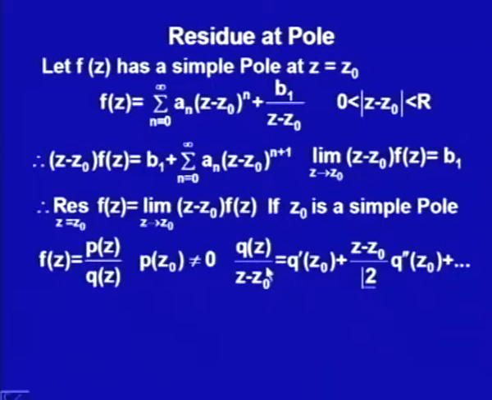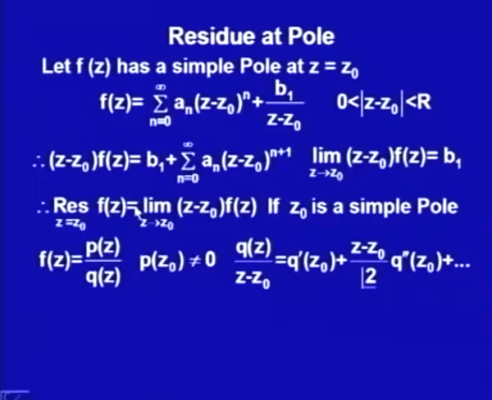Now I am writing Taylor's expansion in a different manner, or rather dividing by z minus z naught. I would get q z upon z minus z naught as q dash z naught plus (z minus z naught) upon factorial 2 times q double dash z naught, and so on. This is the Taylor's expansion of q z at z naught.